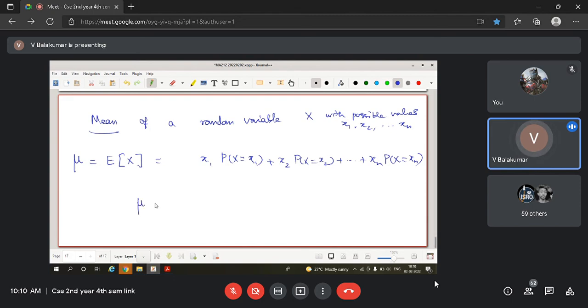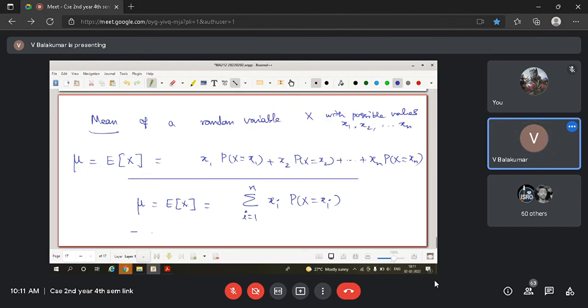So what we conclude is that mu or E of X, these are the two notations we shall follow, is defined as the summation of the random variable values times the corresponding probabilities for all possible values. This is it. This is how we define the mean of a random variable or the mean of a probability distribution. Both are okay because a random variable and a probability distribution are closely related.